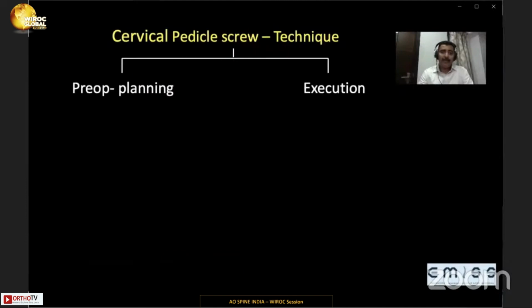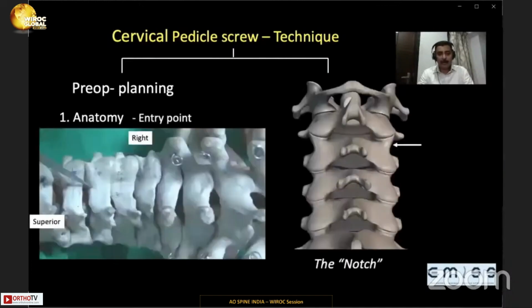Now, if we talk of the technique, more than the execution, it is the pre-operative planning which is extremely important in cervical pedicle screw insertion. And here we have to consider 2 points. One is what is the normal anatomy, and the challenges which we might have to face because of variations in the normal anatomy.